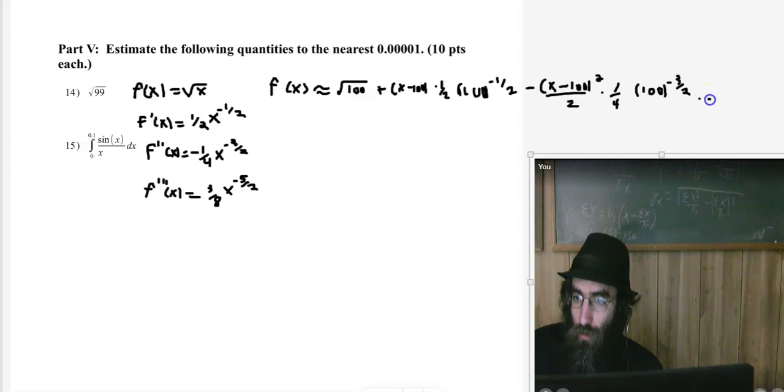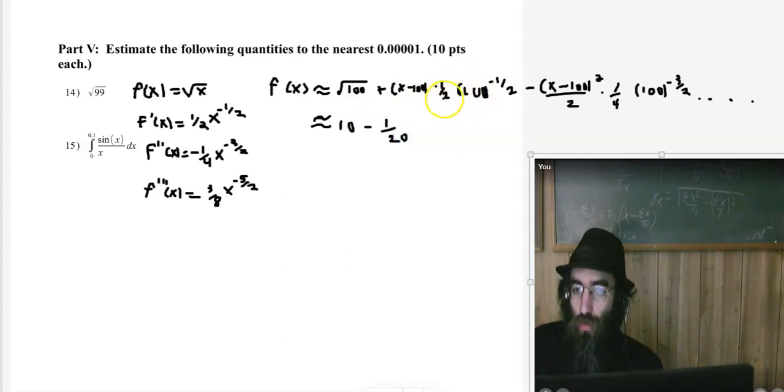Right? We'd say it's approximately square root of 100 is 10 minus 1 over 20, right? 1 over 2 times 1 over 10, minus 1 over 8 times 1 over 1,000.